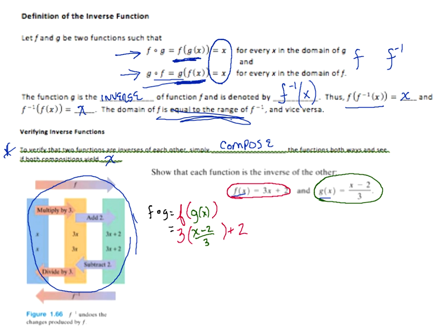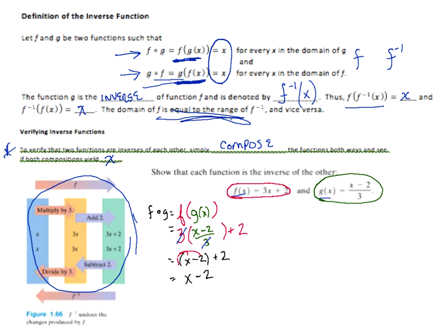Okay, so now I'm just going to start simplifying this expression here. Well, 3 divided by 3 is 1. So at this point, I'm left with x minus 2 plus 2. There is an understood positive 1 that gets distributed there.